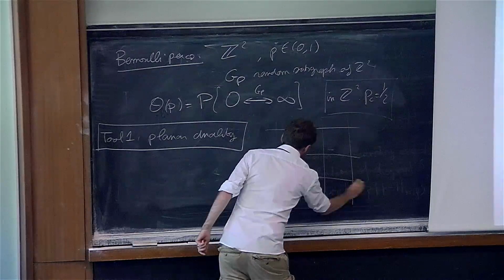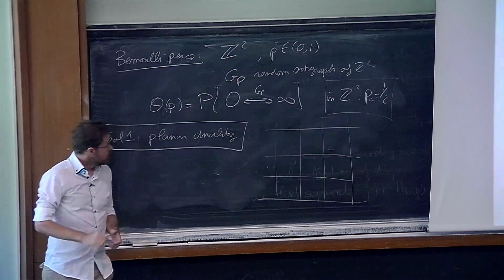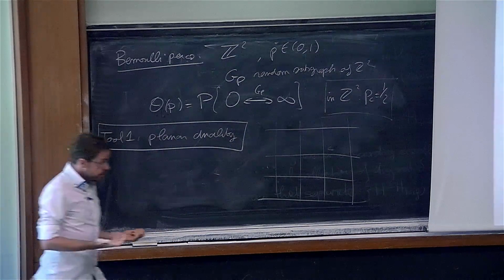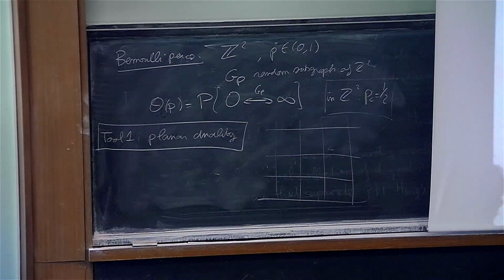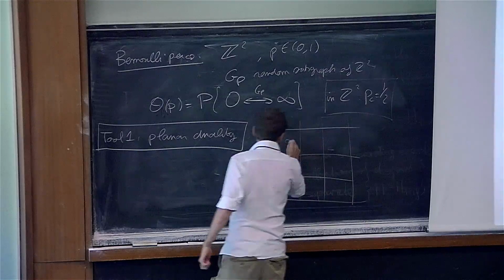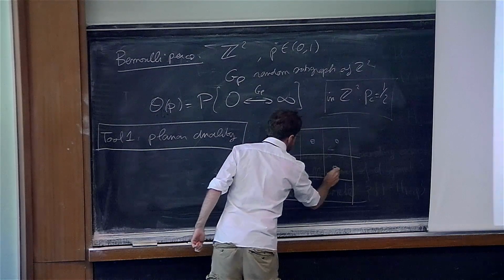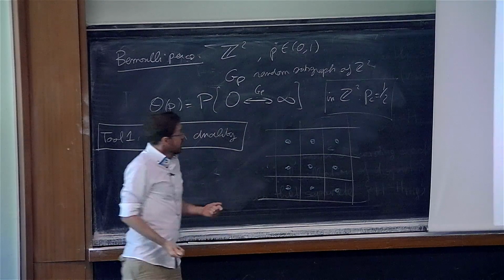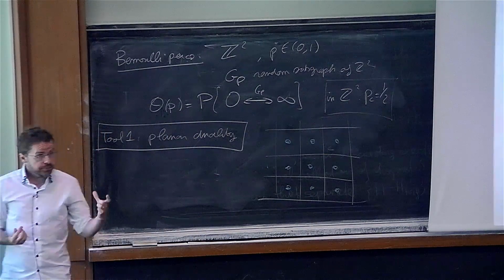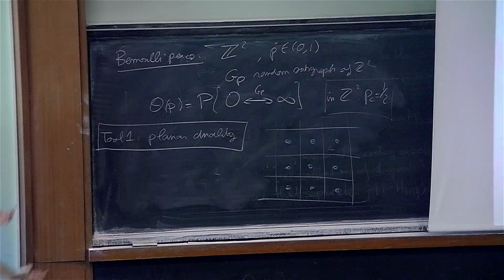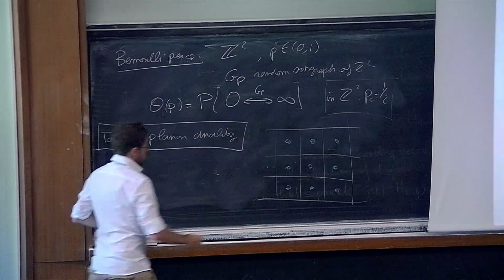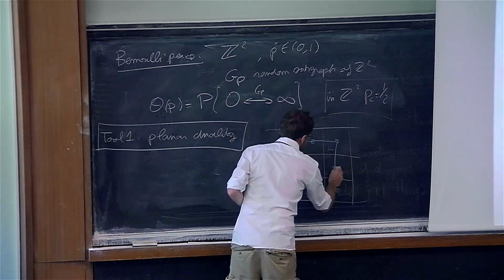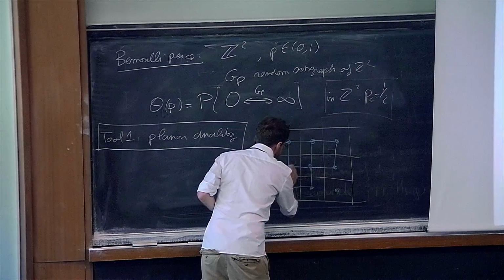So this is your graph. What you can define is a dual graph which has one vertex in each face of Z2. So these are the vertices of the dual graph. And it has an edge if and only if the two corresponding faces are adjacent in the initial graph. So these are the edges of your dual graph.